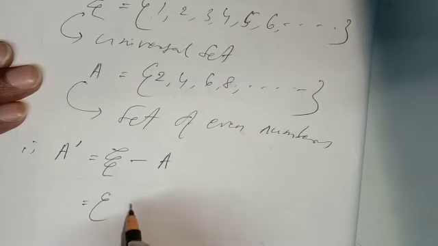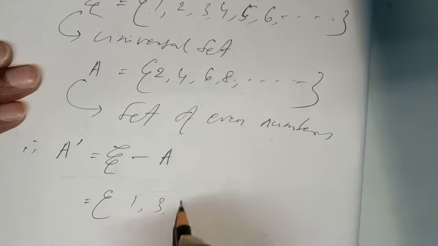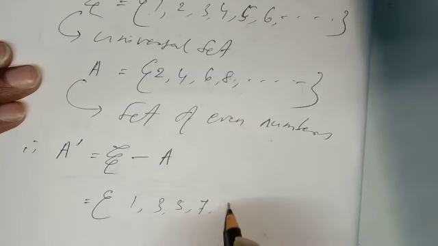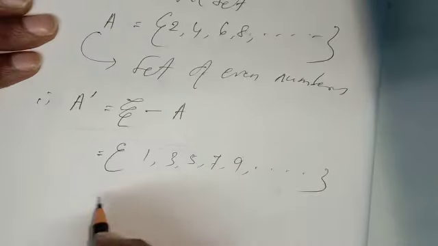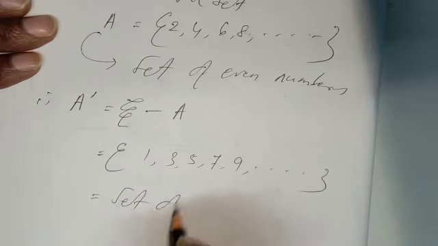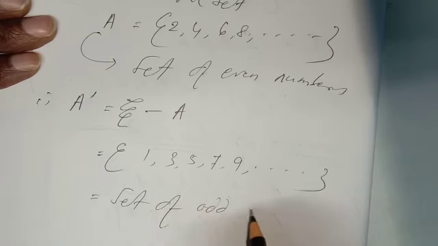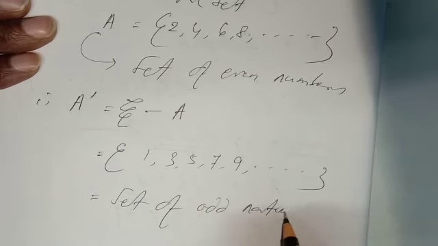That will be odd numbers left. That is 1, 3, 5, 7, 9, all the odd numbers. Means it is a set of odd natural numbers.